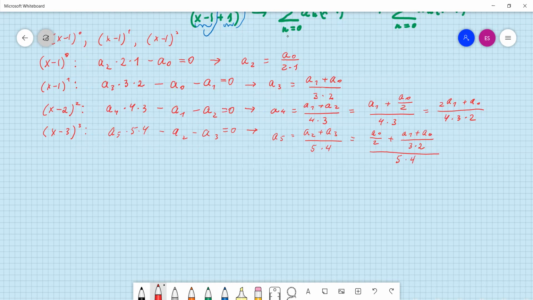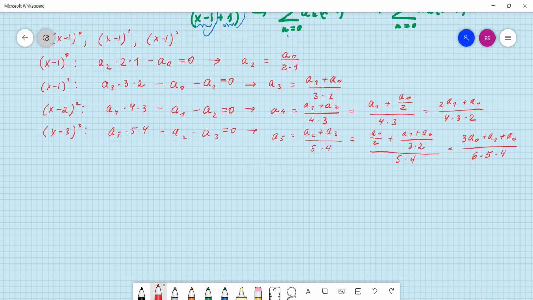Well, I'm going to maybe simplify it a little bit. It looks like the common denominator of both fractions over here is 6, so I'm going to have 3a0 plus a1 plus a0 divided over 6, 5, and 4.